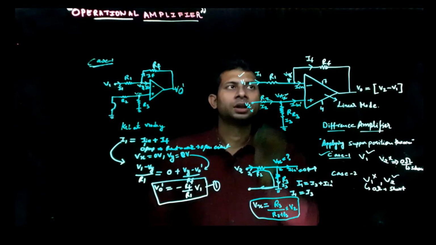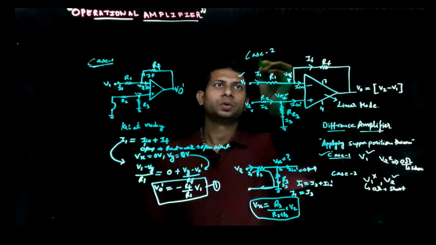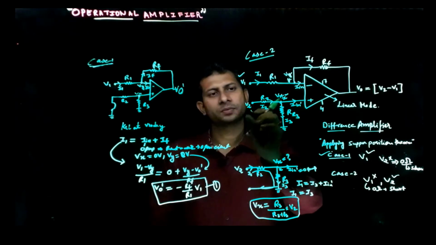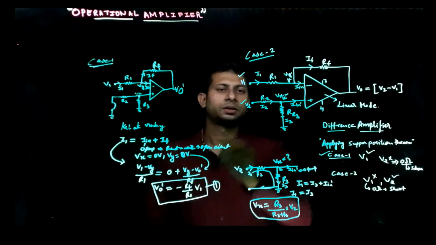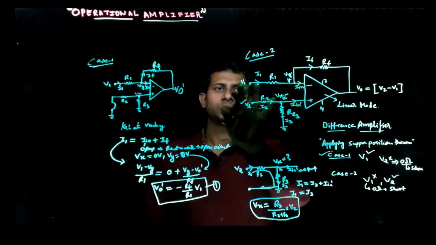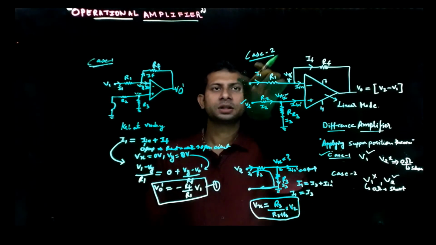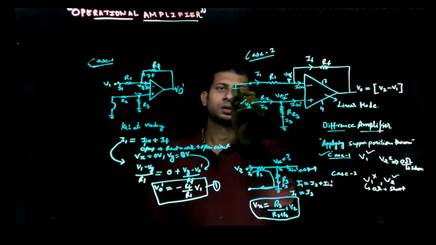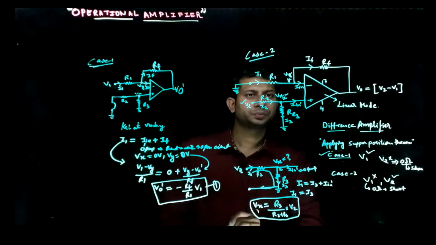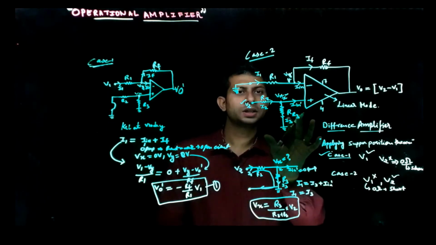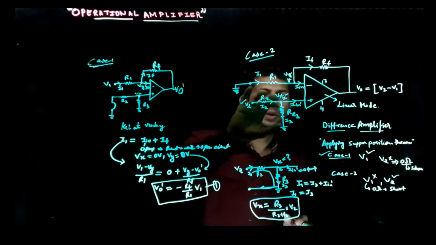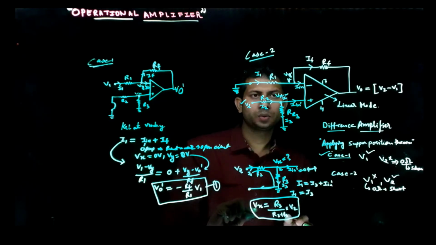And now in case 2, we deactivate this V1 and we activate this. We take V2 here and we replace this voltage V1 by its internal resistance, which is nothing, connected directly to the ground. Okay, now by observing this, we can replace this whole circuit with one voltage Vx.